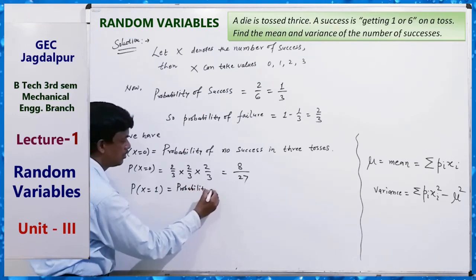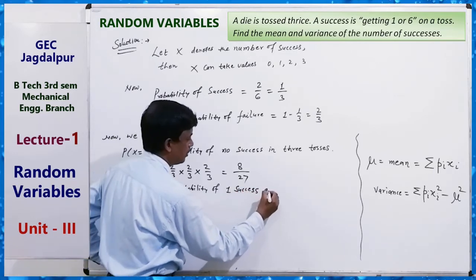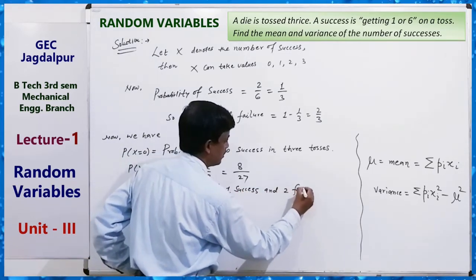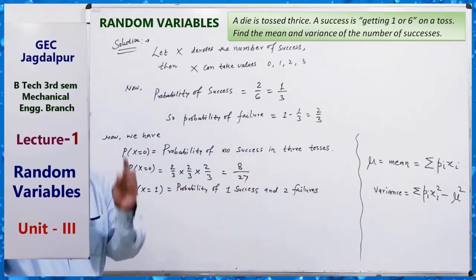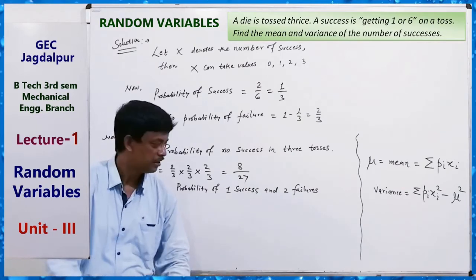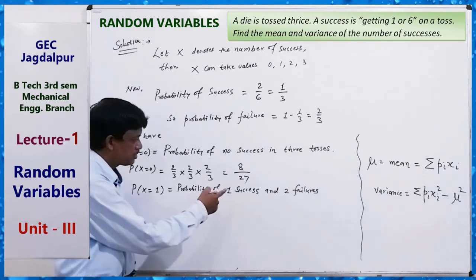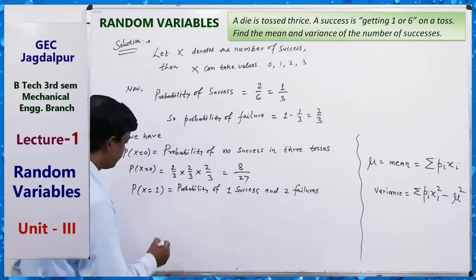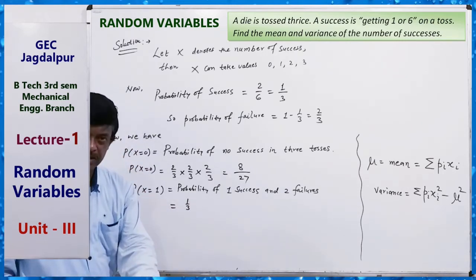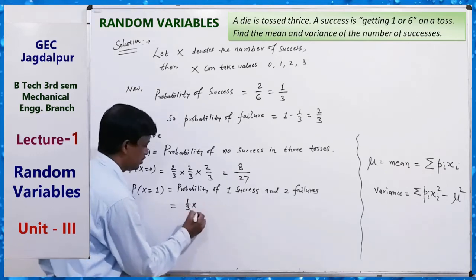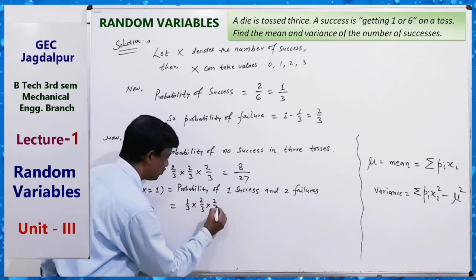Similarly, P(x equals 1) is the probability of 1 success and 2 failures. Suppose success in the first toss and failures in the other two: 1 by 3 into 2 by 3 into 2 by 3.